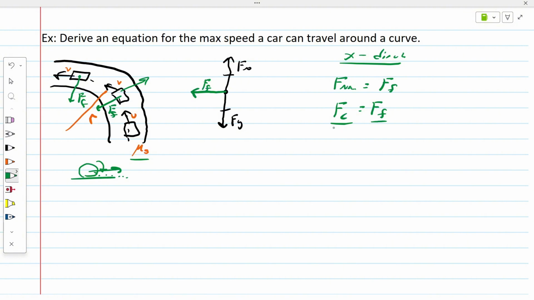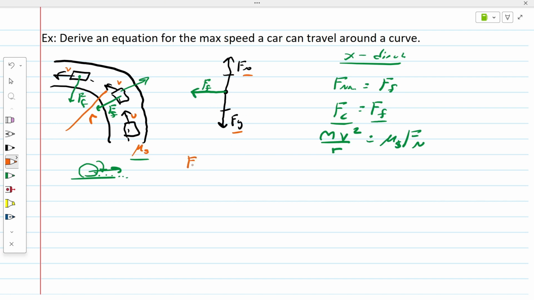We know the centripetal force is mass times velocity squared over r, and the friction is the coefficient of static friction times the normal force. Now we need to know what this normal force equals, because we don't really want the normal force in our equation. But if we go back to the y direction here, we know that F_g equals F_n, because the car is not accelerating in the vertical direction, there are no other forces.